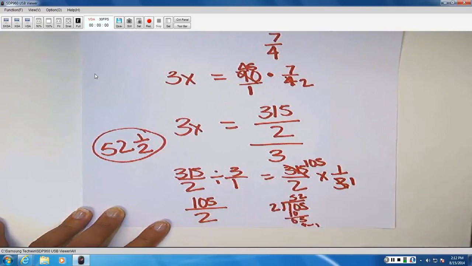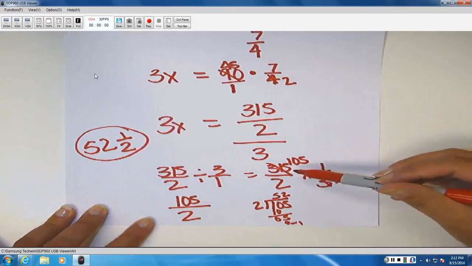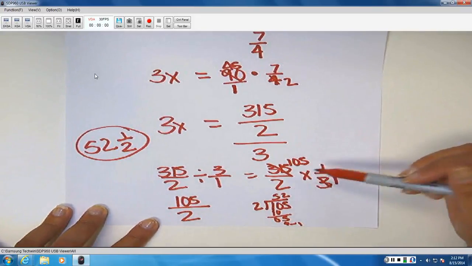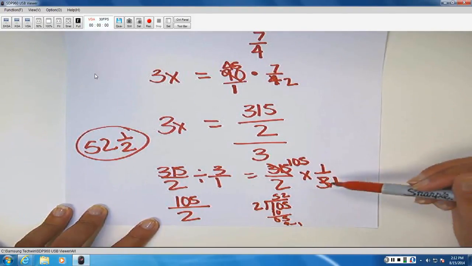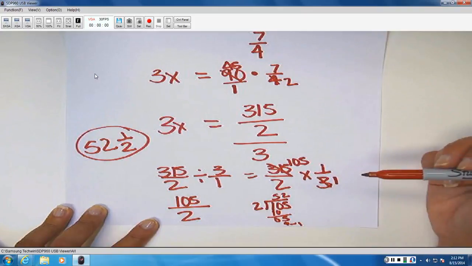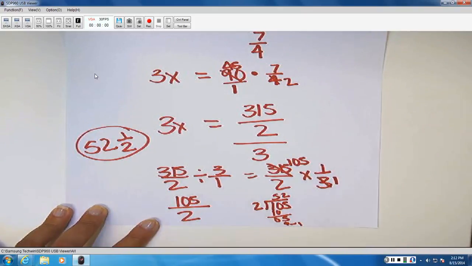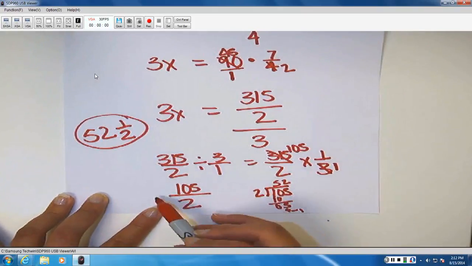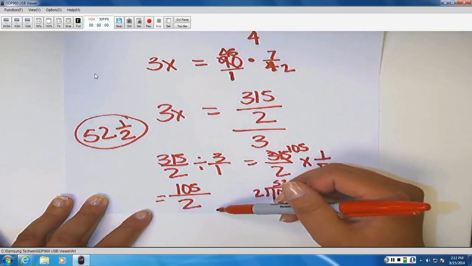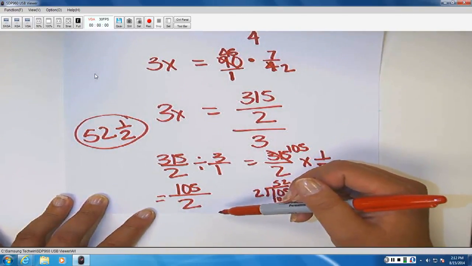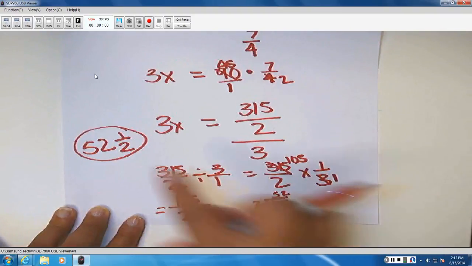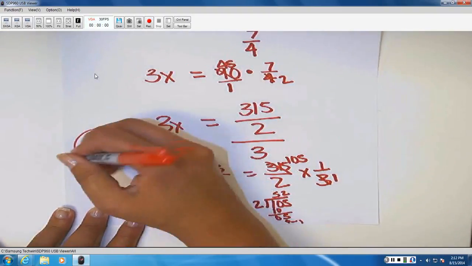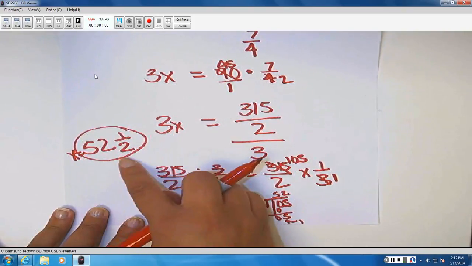Instead of dividing, I flipped that second fraction over so I can multiply straight across. So my new equation was 315 halves times 1/3. I was able to reduce. 3 went into 3 one time, 3 went into 315 105 times, and then I multiplied straight across, and I ended up with 105 halves. That was an improper fraction, so I turned it into a mixed number, and when I did that, x ended up being 52 1/2.